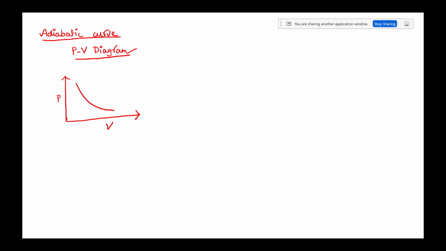Now for adiabatic curve, here for adiabatic this is more steeper.